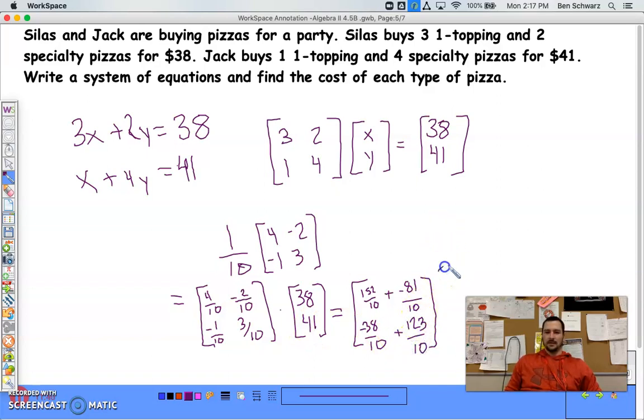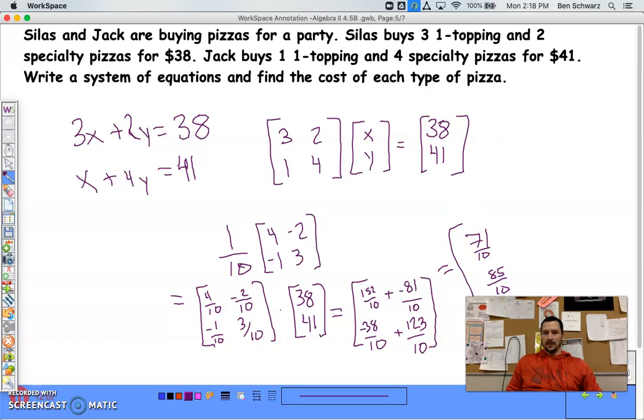tenths. So if we simplify now, 152 divided by 10, or actually let's combine these. 152 minus 81, 71 tenths. And then these two together, 85 tenths.